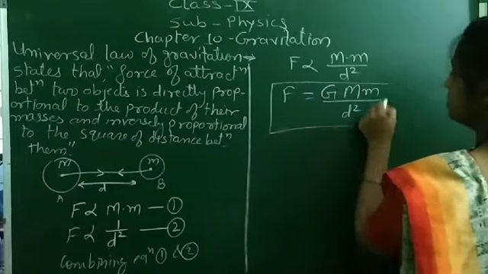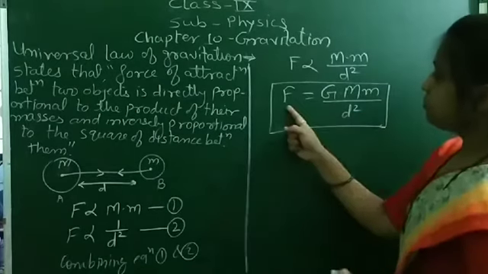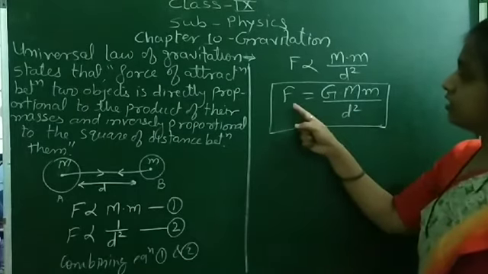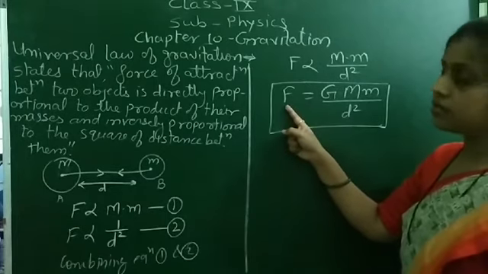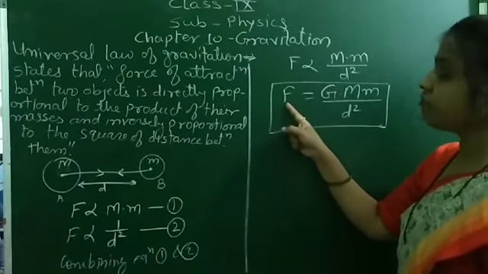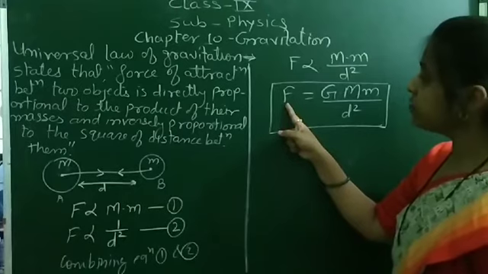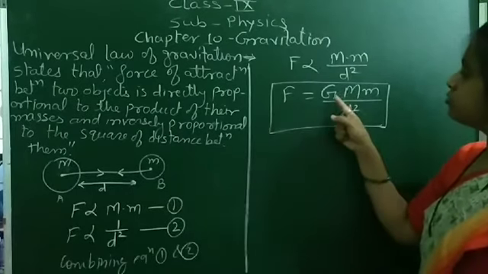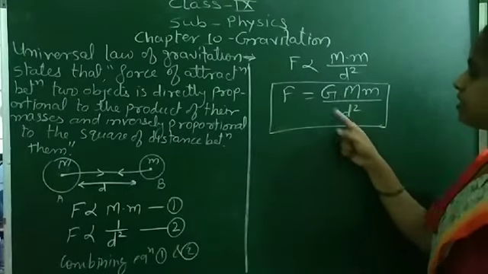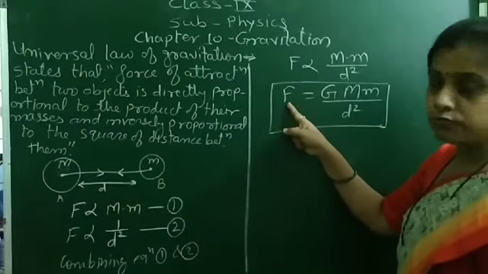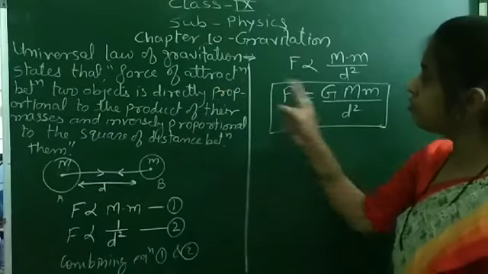This is the force of attraction between two objects, which is called the gravitational force. So the formula to find the gravitational force between two objects is F equals G M m upon D square, where F is the gravitational force, or the force of attraction between two objects.